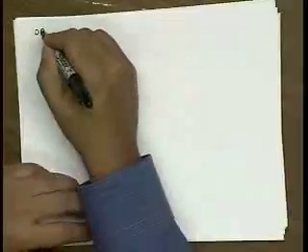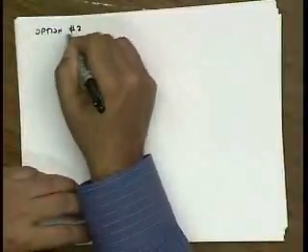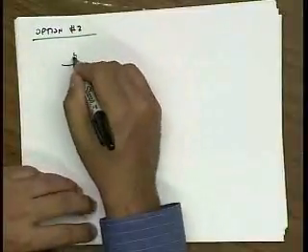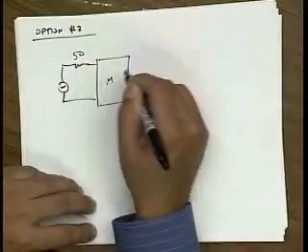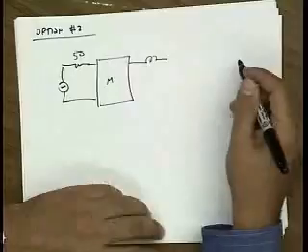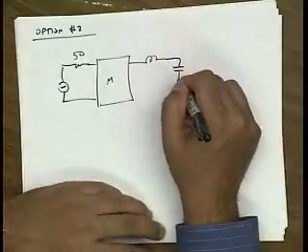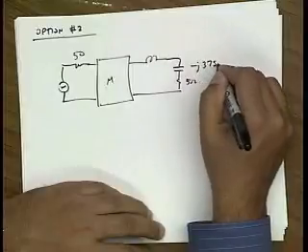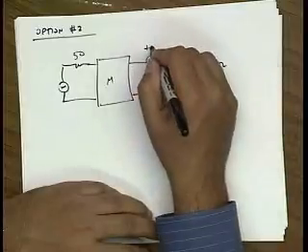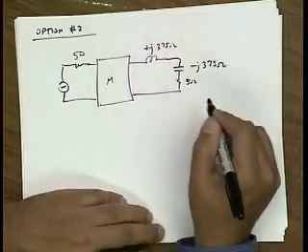All right. Well, let's try something else. Call this option 2. Option 2 is I still would like to get that great noise figure, but I'm going to put an inductor here to resonate out this capacitance. So this is minus j 375 ohms. I'll make this plus j 375.